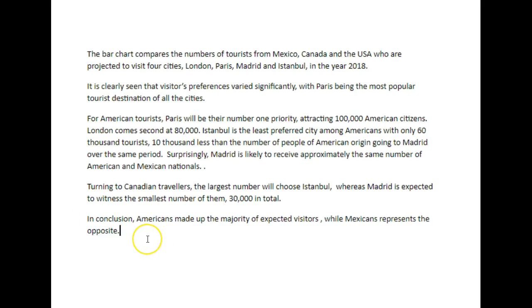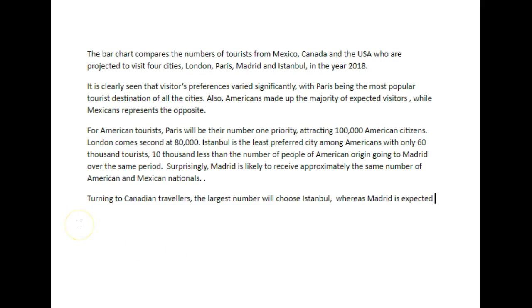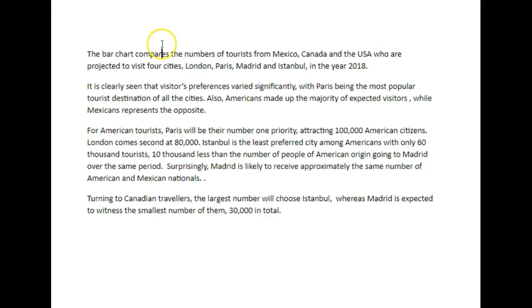Okay. I would put this here. And then we have the definition, the general description, and then the detailed description.